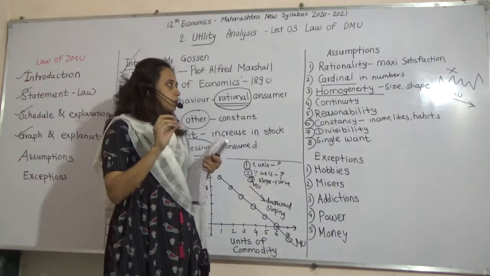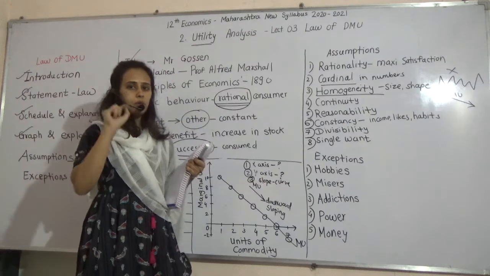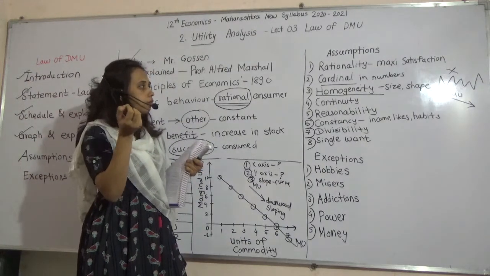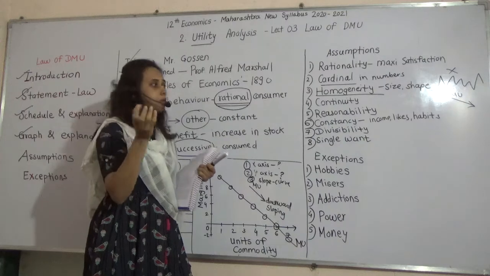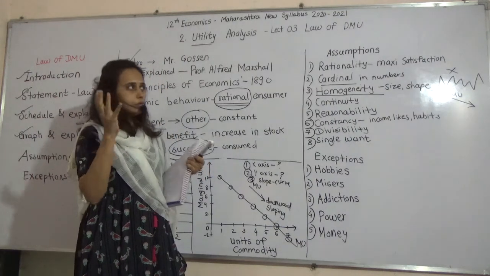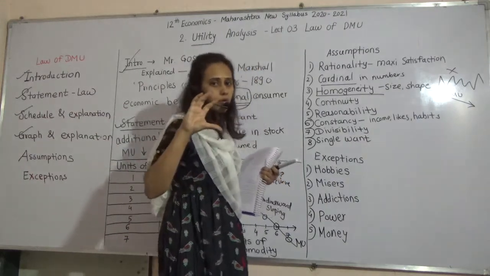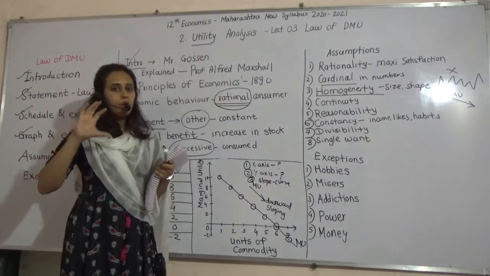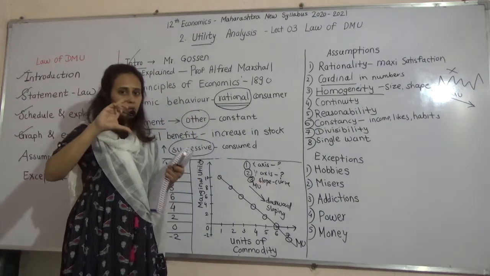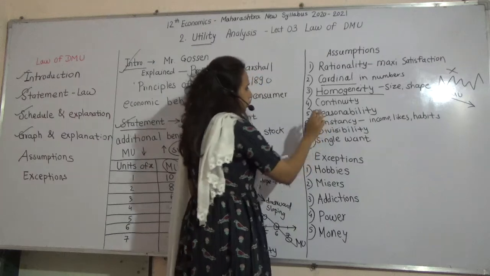Like salt in your serving plate, you never put salt like this. We put salt a little bit. Then for rice or chapatis, we have some measurement. When you say I want water, we offer it in a glass or in a bottle and we drink in that proportion. So reasonability should be there.